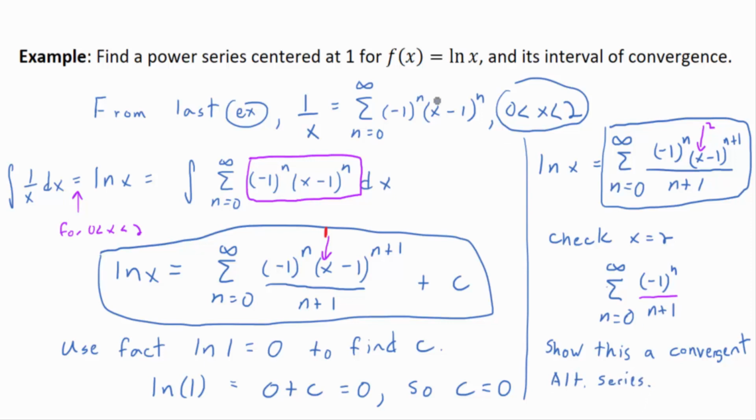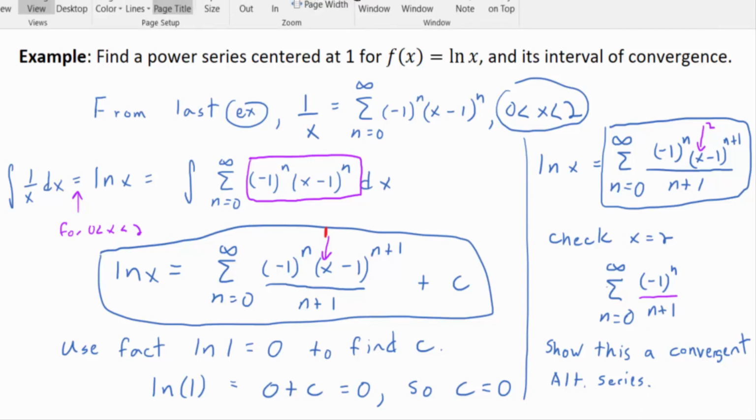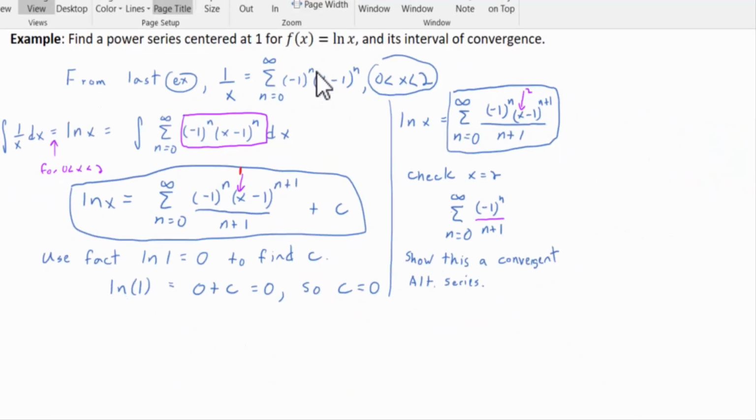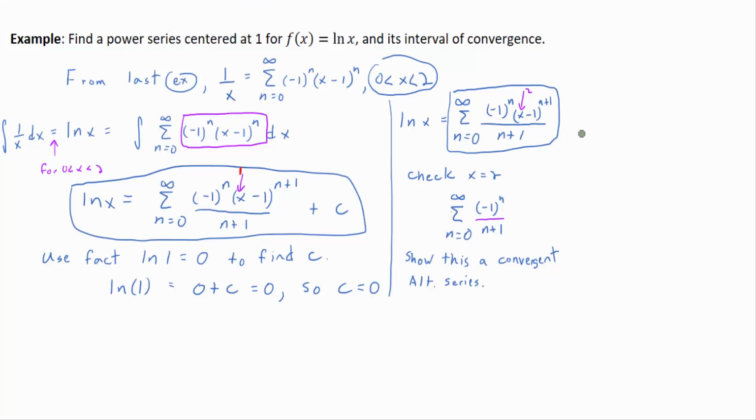Okay, so then what's the appropriate domain for this power series representation of the natural log of x? In other words, what values are we allowed to plug in? Another way of saying that is, what is the interval of convergence for the power series? Domain, interval of convergence.